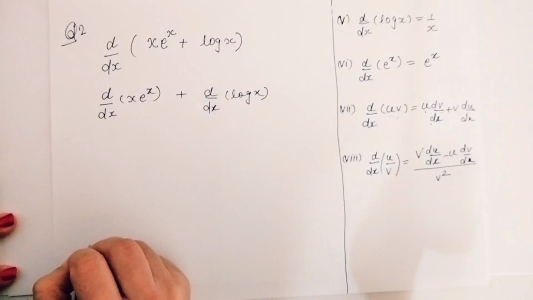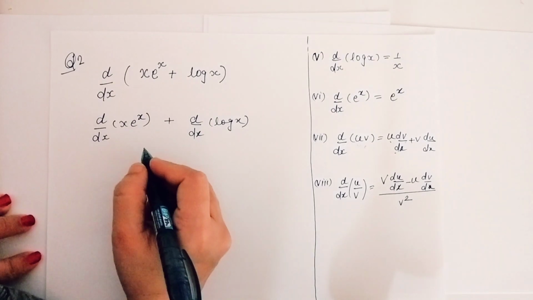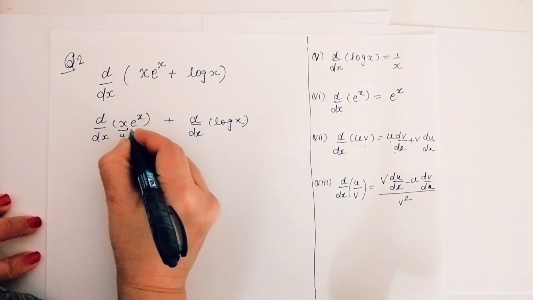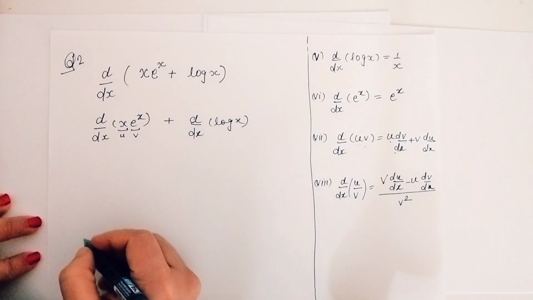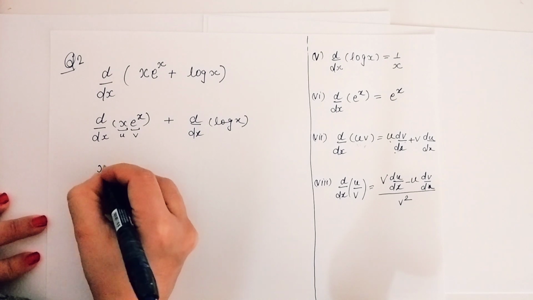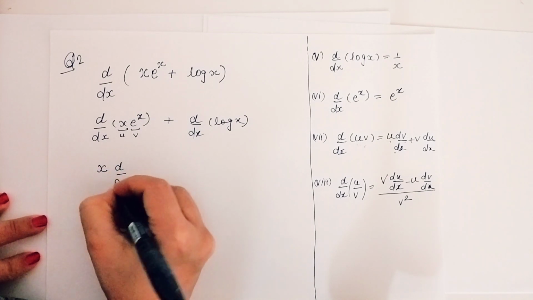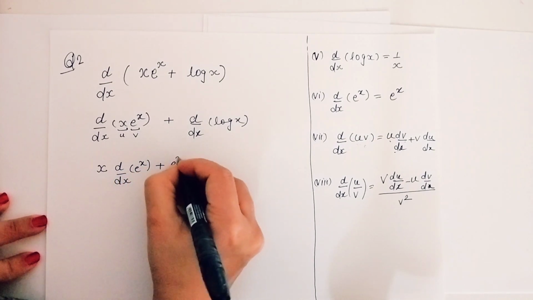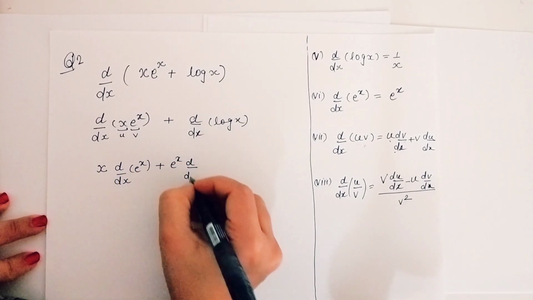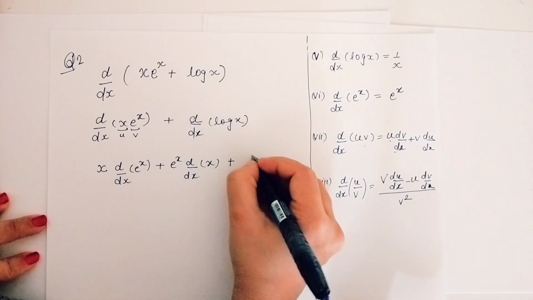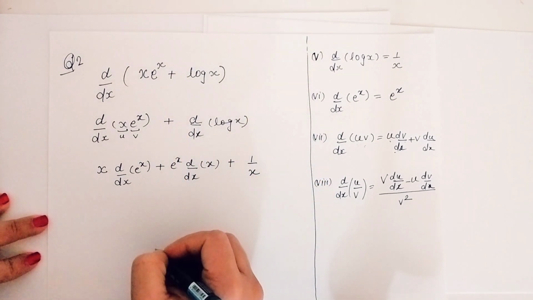After this we got a product function here. This is u and this is v. So it is u and then differentiation of v, plus v and then differentiation of u, plus d by dx of log x, which we know is 1 by x.